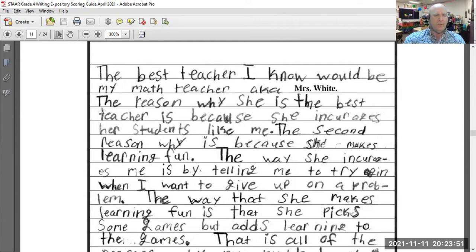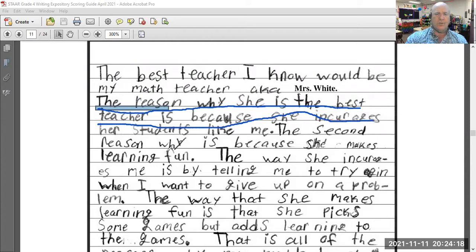Okay, the reason, so if we pretended like we erased, oops, I'm using the mouse, let me clear my drawings there. Supposed to be drawing in blue. There it is. The reason why she's the best teacher is because she encourages her students like me. I'm sorry, I'm just drawing freehand here.